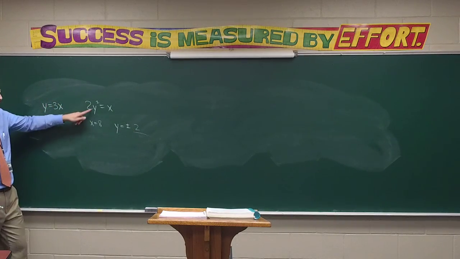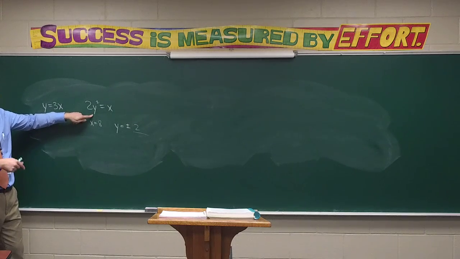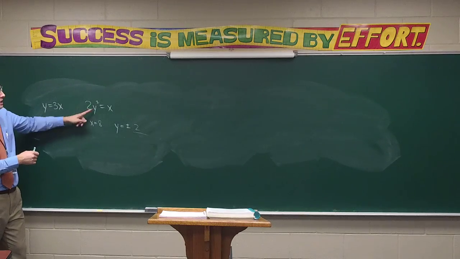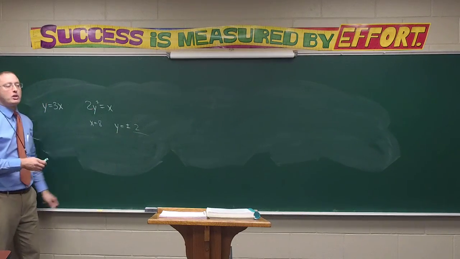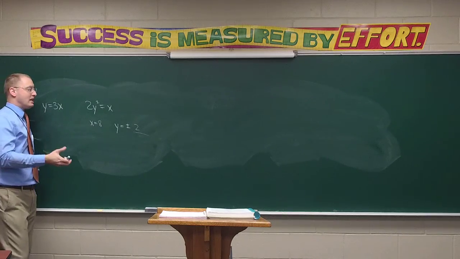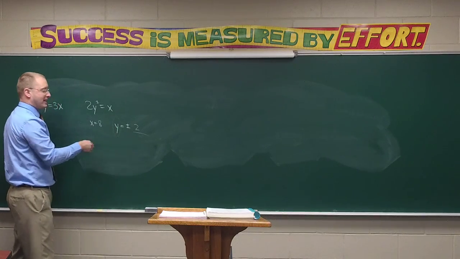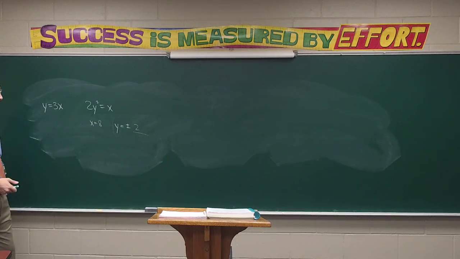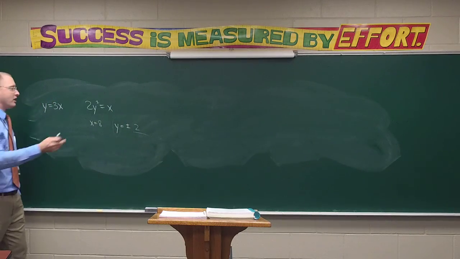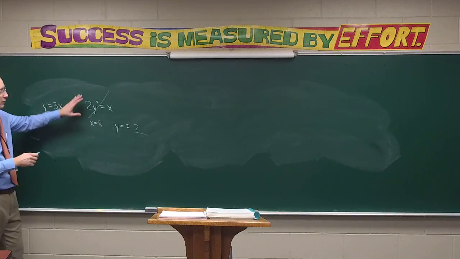If you have a y squared, the y, which is always assumed to be the dependent variable, is going to produce a positive, negative. That means it's not a function. So when you're looking at an equation, if the y value would at some point produce a positive, negative, that's an example where you'd end up with multiple values. This can't be a function, I can tell from the equation.